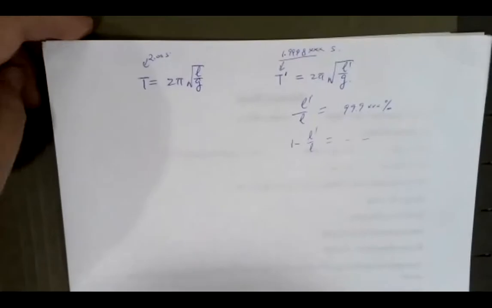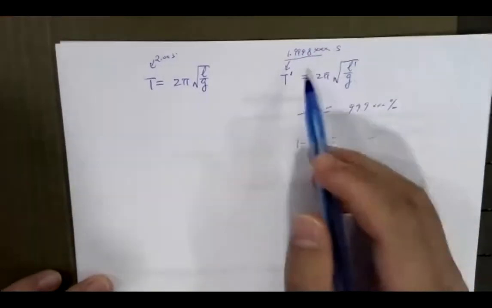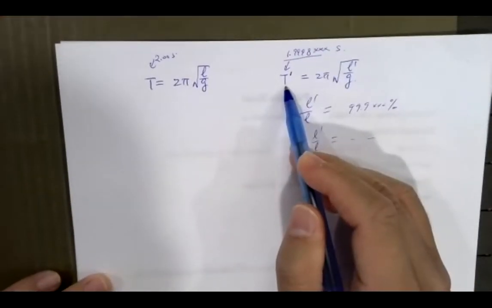All right, so let's take a look here. So we need to find out T prime first, because it says it gains 5 seconds per day, but we actually do not know how much that is per cycle.